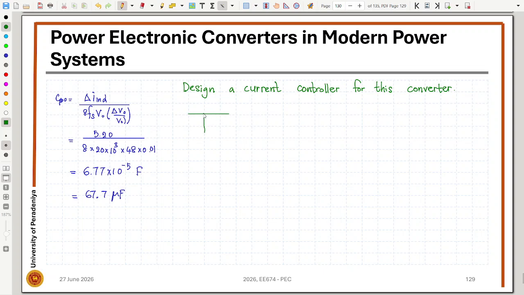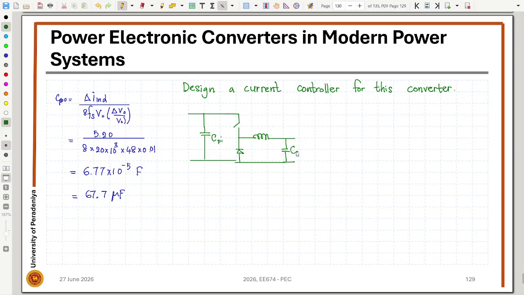So we have a buck converter. This is the input capacitor.